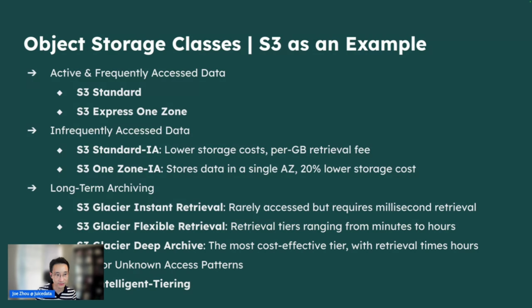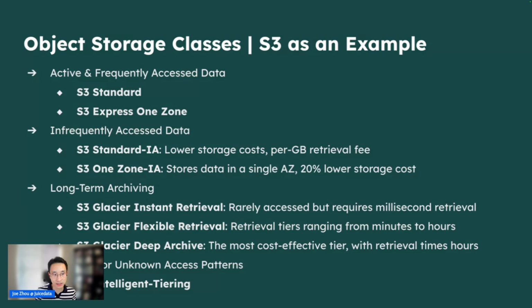So first off, we have the active and frequently accessed tier, which is the S3 Standard, what we normally use every day. And we also have S3 Express One Zone. Compared with that, Standard stores the data in at least 3 availability zones, right? So you need to reach consensus, whether it's instant consensus or eventual, so that it's resilient.